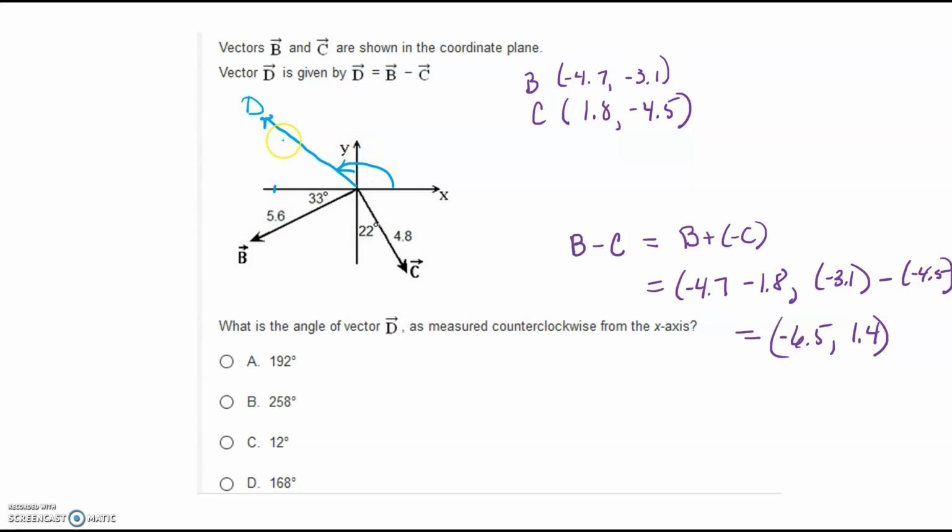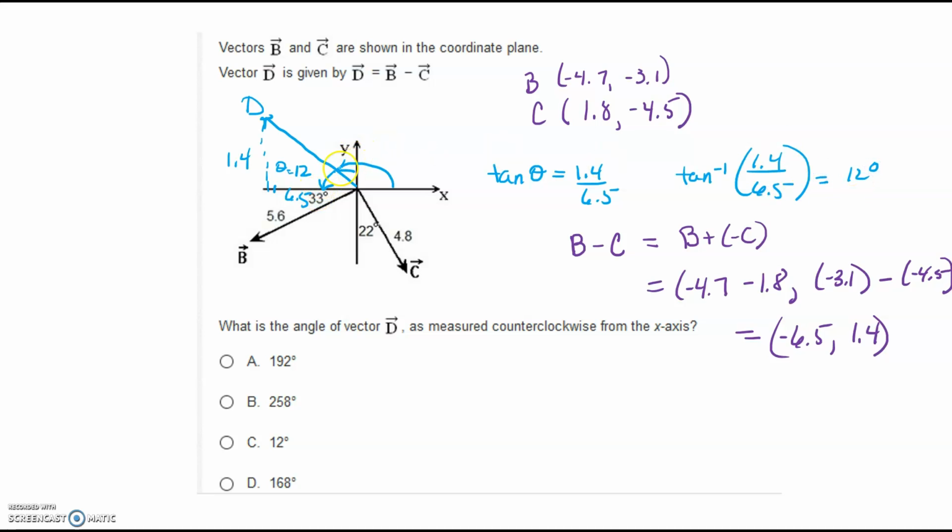And what I did was I found, since this is 1.4 and this is 6.5, I found this, which is 12 degrees. And the way I did that was I said tangent theta is equal to 1.4 over 6.5, and I did tangent inverse of 1.4 over 6.5, and I got 12 degrees.